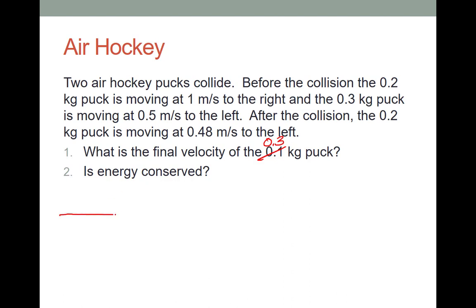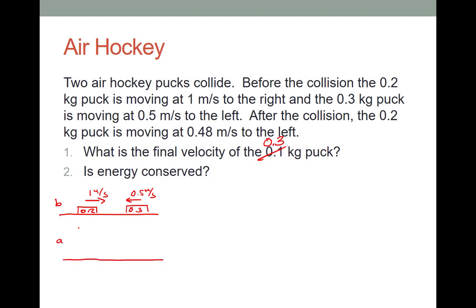So as before, begin by drawing a picture. So here I have the 0.2 kilogram puck moving to the right at 1 meter per second, and the 0.3 kilogram puck moving to the left at 0.5 meters per second.